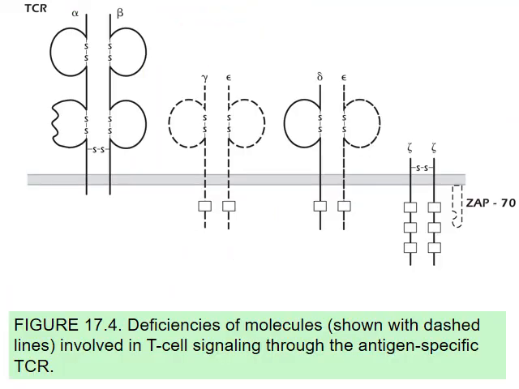Okay. Now, this slide tells you a typical TCR, alpha beta, and then again we have a zeta chain attached to it, and if you remember the CD3 complex. And then when the activation takes place, there was a molecule I said earlier, ZAP70. So ZAP70 gets phosphorylated.